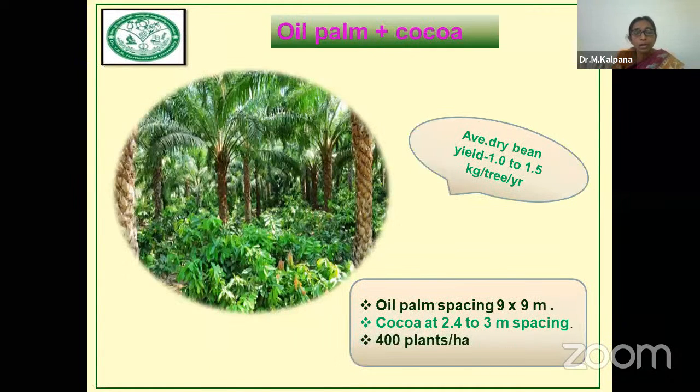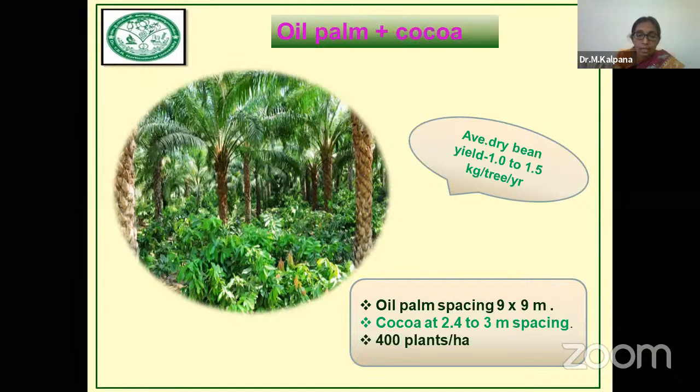Then coming to oil palm, where oil palm is planted in a square system of planting. In a triangular system of planting, the plant should be planted in a direction where sunlight falls fully on the tree, so only the square system of planting is recommended.